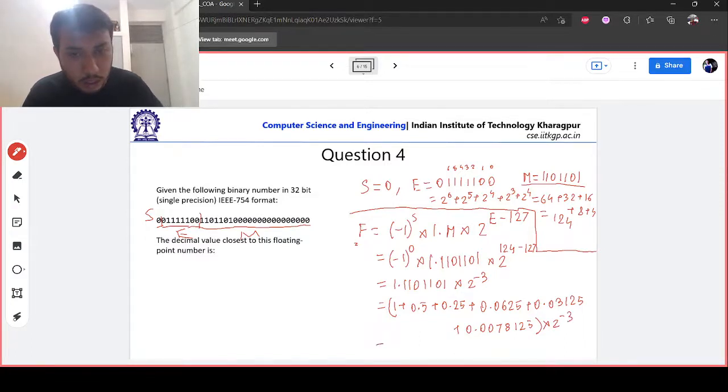So if we add this up, it comes down to 1.8515625 into 2 to the power of minus 3, and the correct answer will be then 0.2314, and there will be some other decimal digits. So this is the final answer.